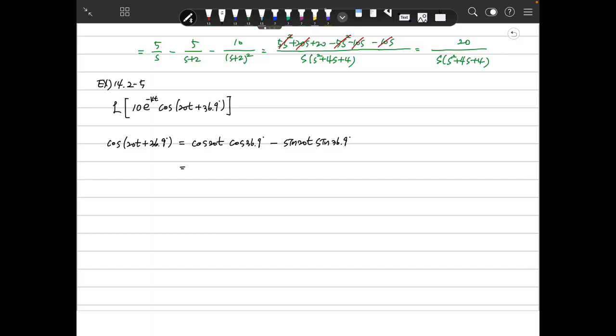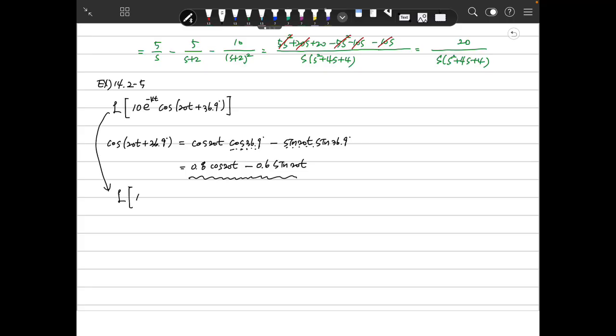Because of that, we calculate that is 0.8 cosine 20t, and this is 0.6, minus 0.6 sine 20t. Then we replace this.